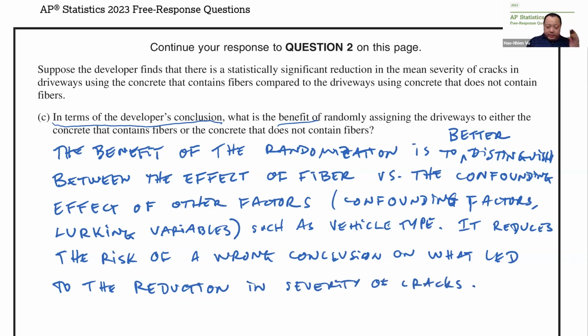Right, putting the word fiber, putting the words vehicle type and cracks gets me context. Also, context is always an important thing to put in an AP Stats answer.